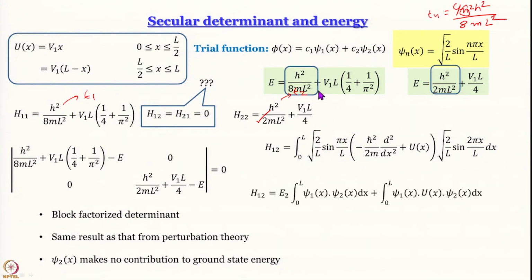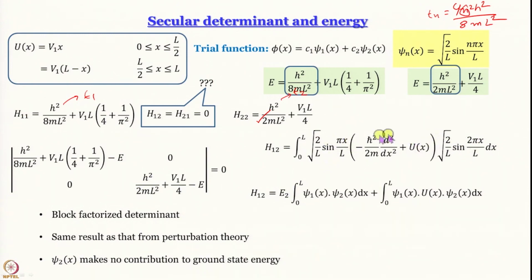Of course, we can break it down into two terms, and in the first term again I have psi 1, then the unperturbed Hamiltonian operating on psi 2, not psi 1. I am not talking about H11 anymore, I am talking about H12.